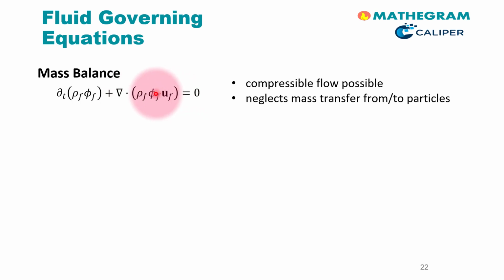As you see, we have kept the fluid density ρf inside the derivatives, meaning that this equation can also be applied to compressible fluid flows in which the fluid density depends on pressure and temperature, for example. Please note, however, that this equation neglects any mass transfer from the fluid to the particles or vice versa.